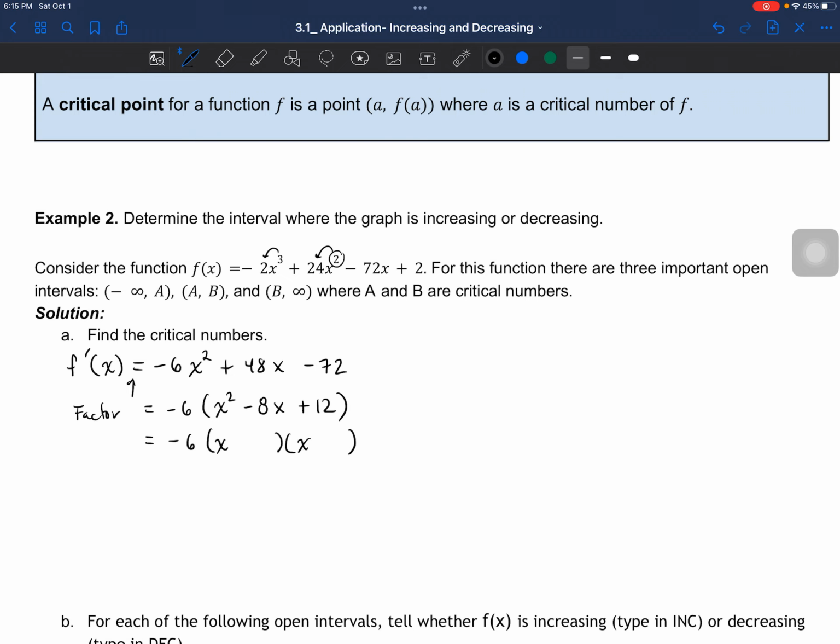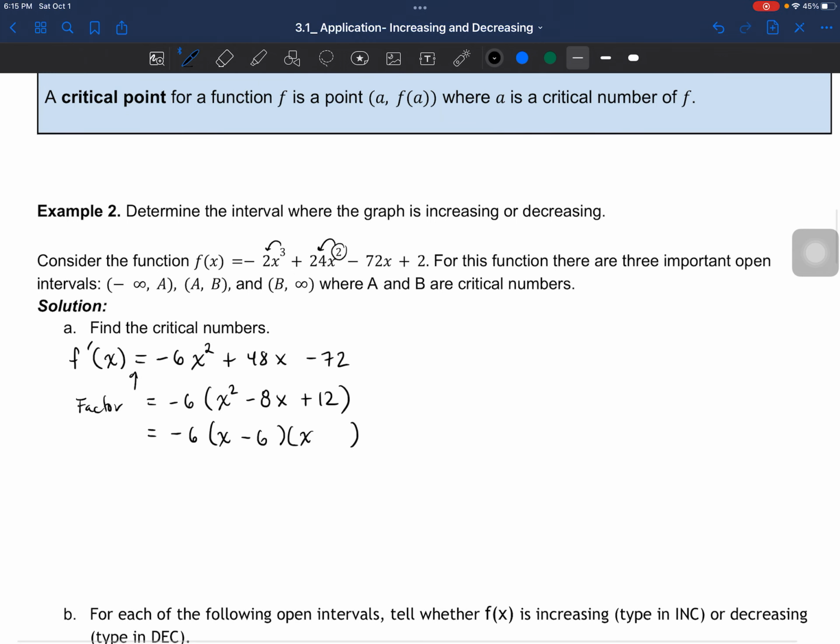We can guess that the factorization will be x and x here. So we need two numbers that multiply to positive 12 and add to negative 8. That is negative 6 and negative 2. There you go, we were able to factor.